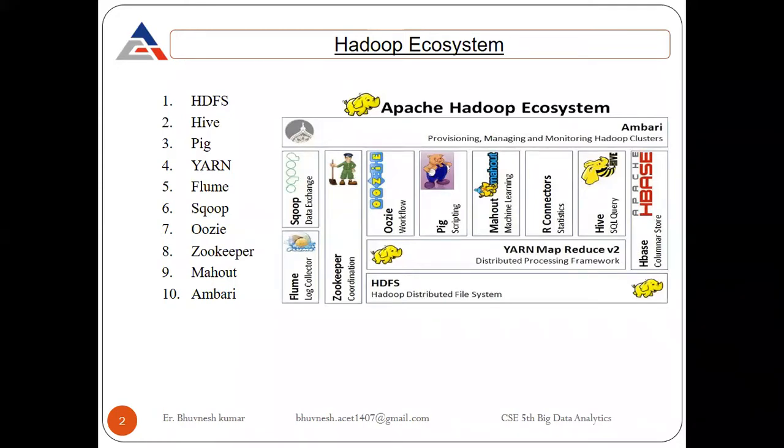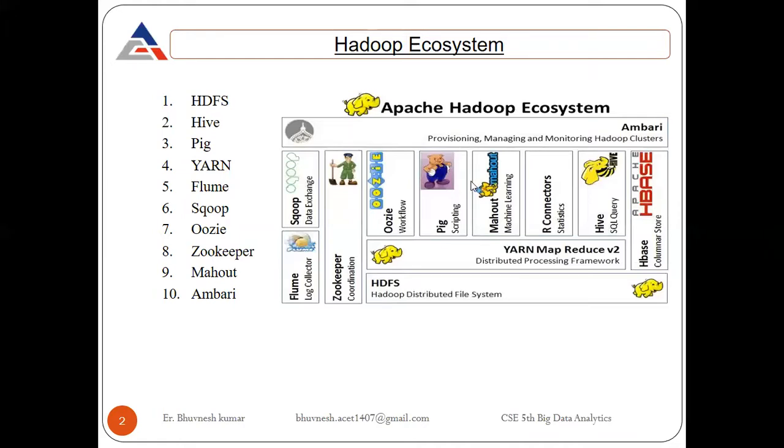Then there is the Oozie tool, then Zookeeper, then Mahout and Ambari. The word Zookeeper is there because all these tools are named after animals. The Hadoop name is given from an elephant. Hive is a combination of a bee and the face of an elephant.